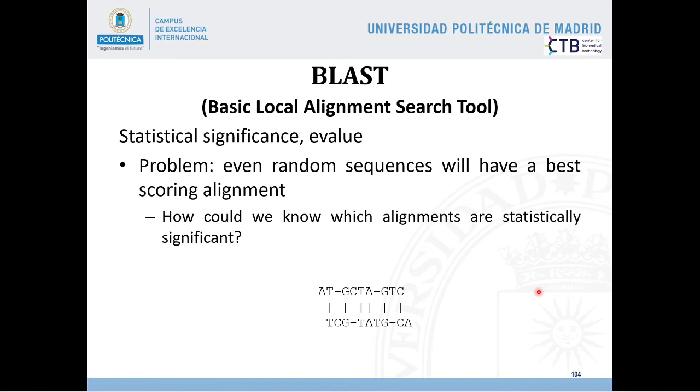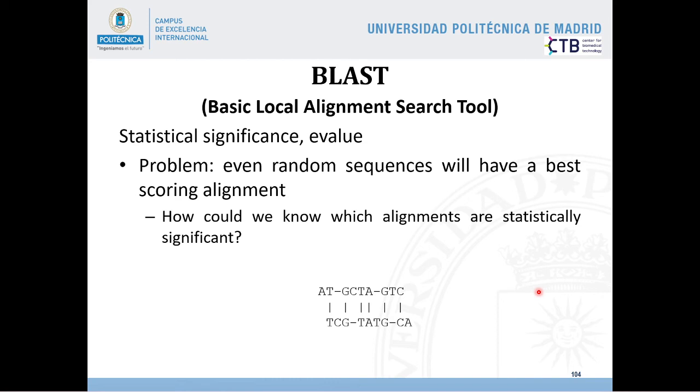So, the problem of BLAST is that even if we have random sequences, we will have a best scoring alignment. Even if we invented the sequence and it is a random sequence, with another one it will also align, because we only have 4 nucleotides, so in some way they will align.